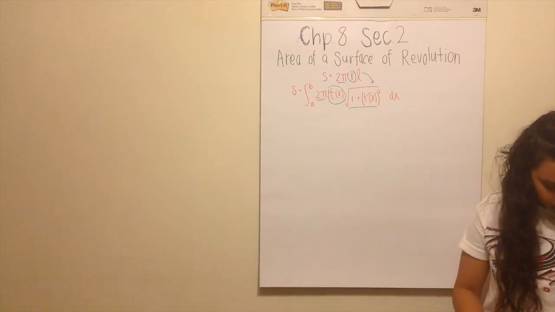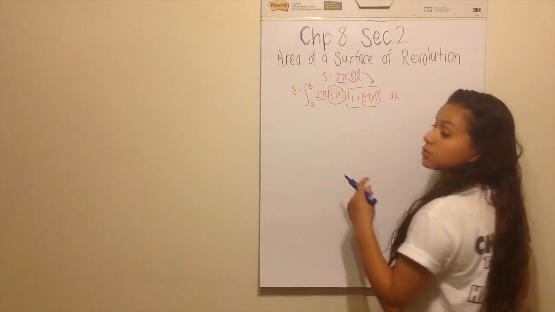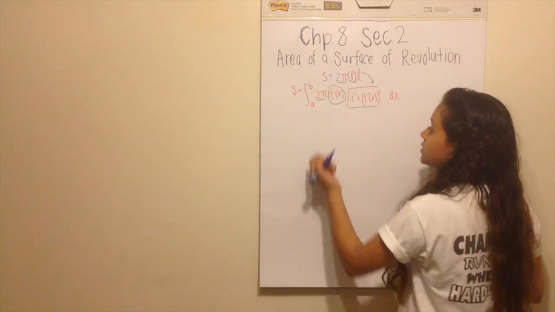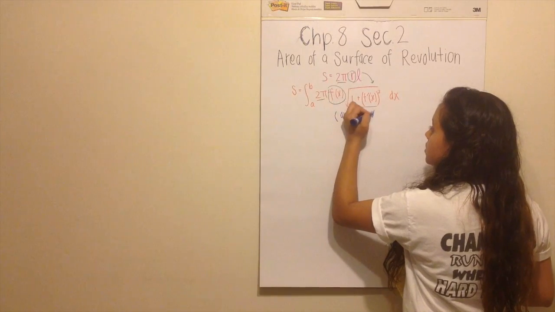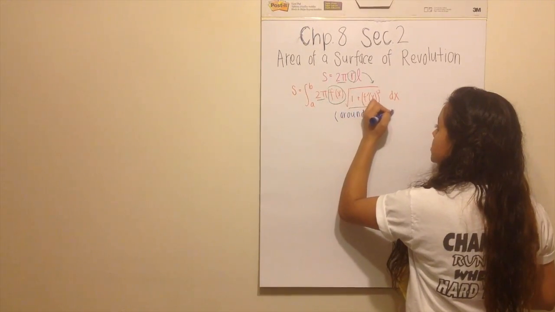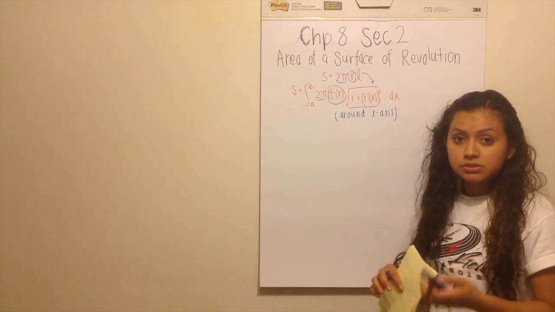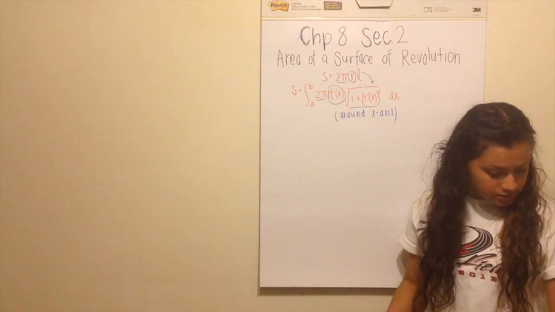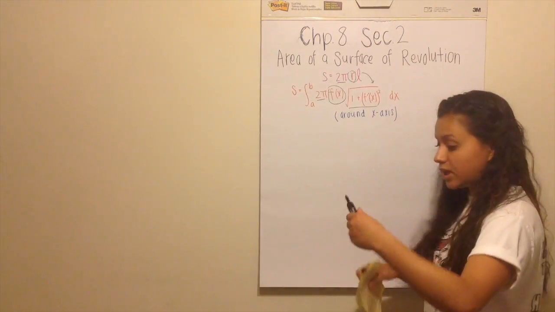So that being said, this formula is used when it is asked to revolve around the x-axis. And there's actually an alternative formula for this that you get to use when you have a certain circumstance, which I will further speak about when we do an example.